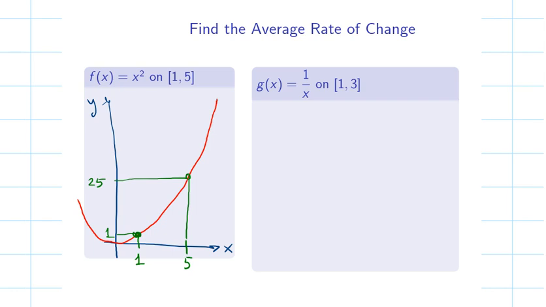And so we just need to compute delta x and delta y. Delta x is 5 minus 1, or 4. And delta y is 25 minus 1, or 24.